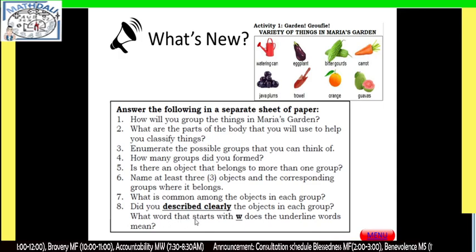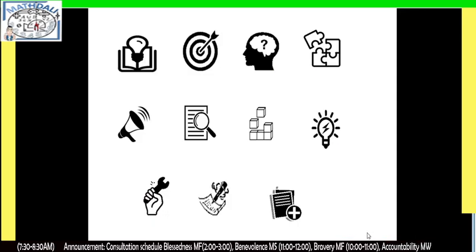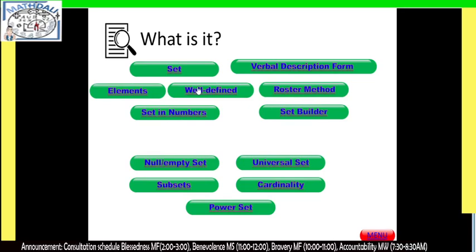What word that start with W does the underlined word mean? Ano ba yung W na yan? So, clue. Tingnan natin. Ano ba yung W? Hayun! Kita ko na. Okay, so, ito yung ating pag-aaralan.